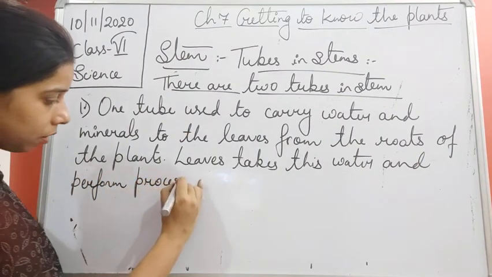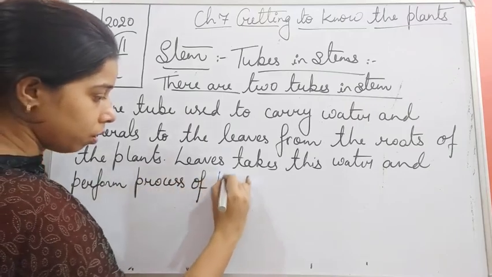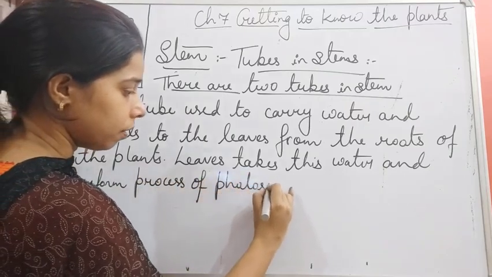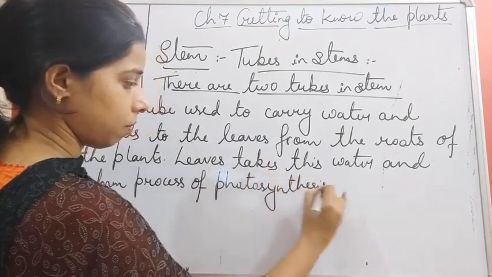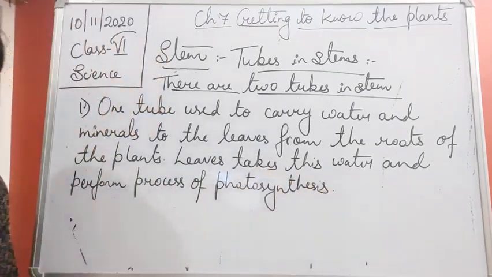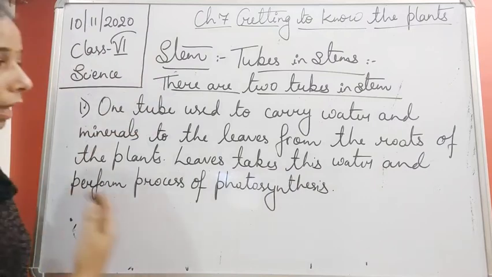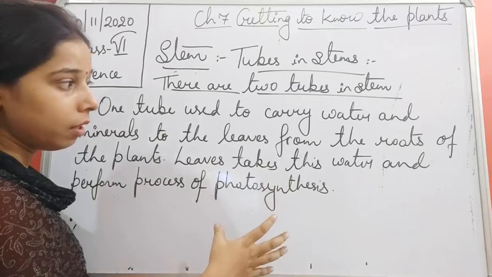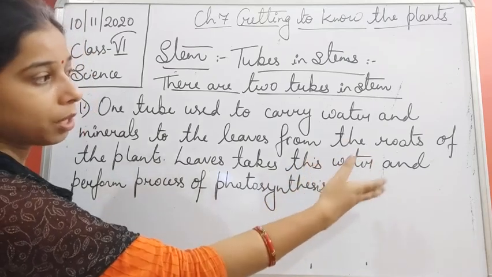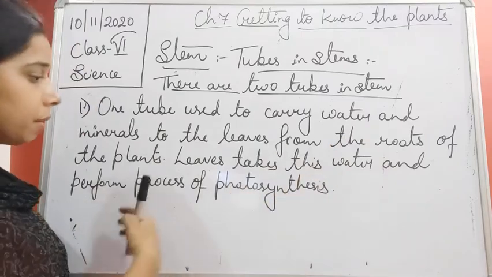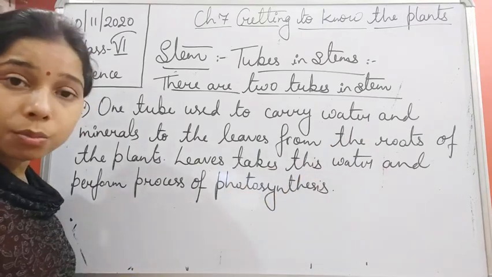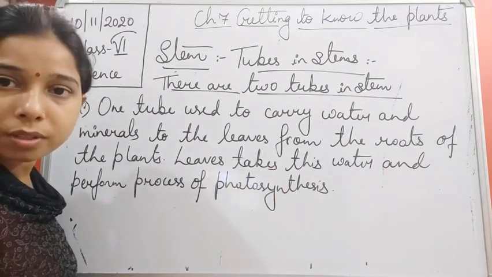Okay, so the stem carries the water and minerals to the leaves from the root of the plant, and the leaves take this water and perform the process of photosynthesis.